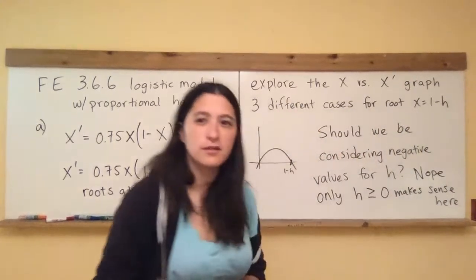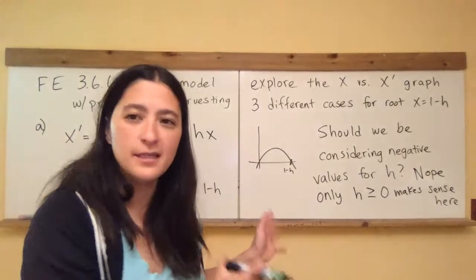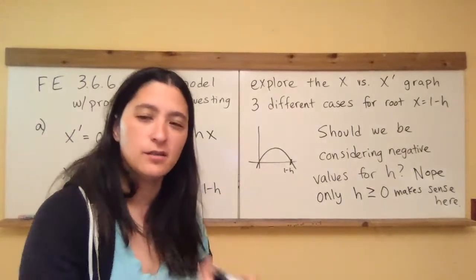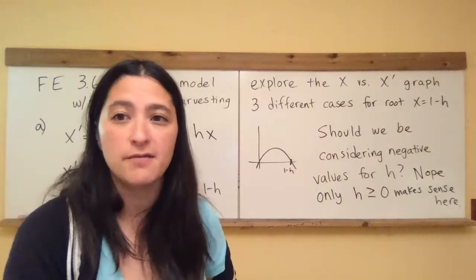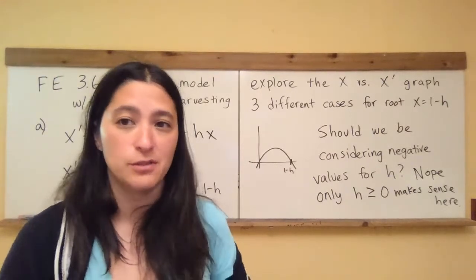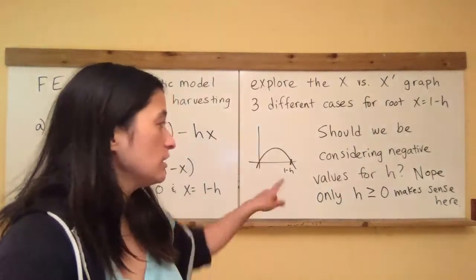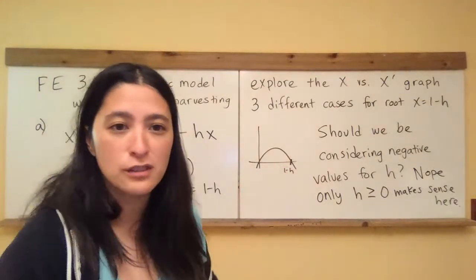In the problem I wrote, you'll see that I tried to make sense out of having a negative value for a similar type of term. We're not going to consider that here. We're only going to talk about h greater than 0.